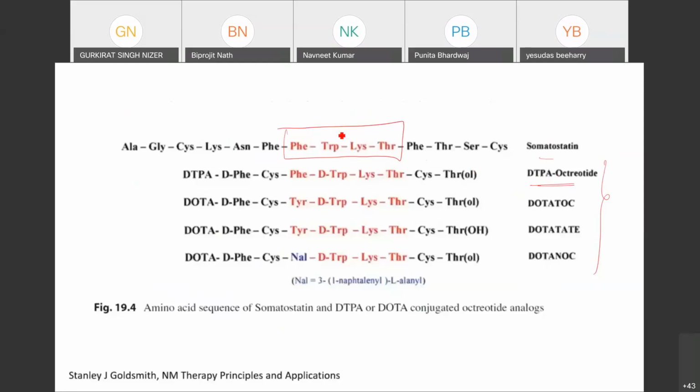It also has a similar sequence, with phenylalanine, D-tryptophan, lysine, threonine. So we can chemically make a similar peptide sequence and go for imaging, tagging it with a radiometal and using it for imaging or therapy based on the type of emission. If it is alpha or beta, we can go for therapy, gamma for imaging, or a combination of both for theranostics.